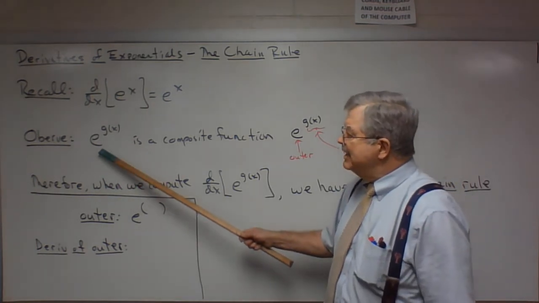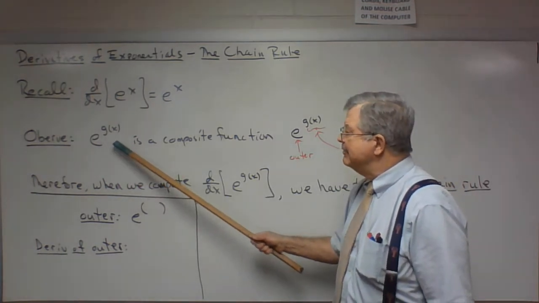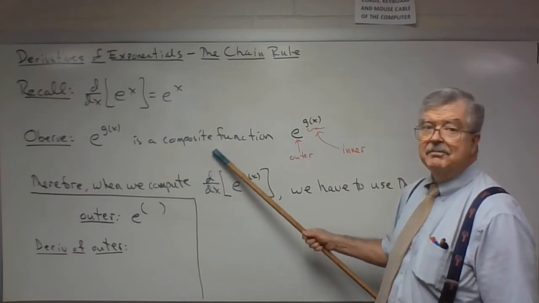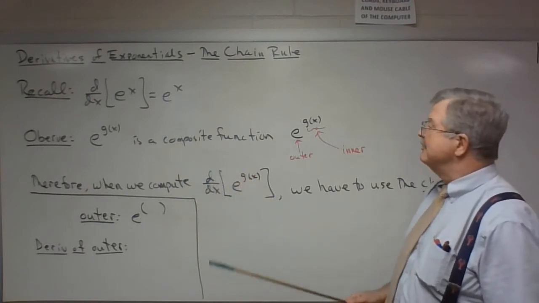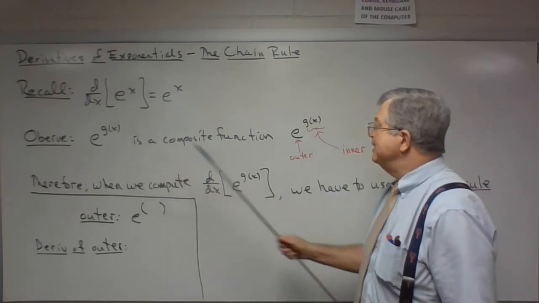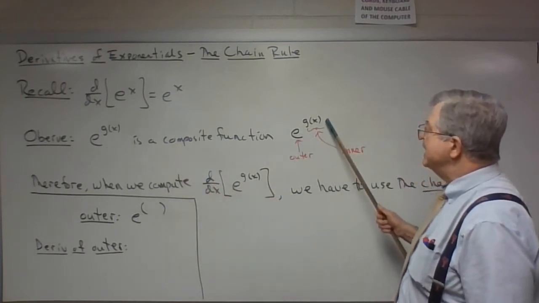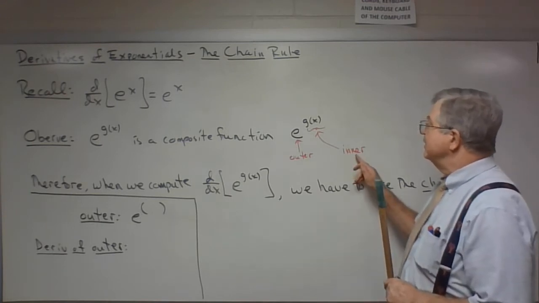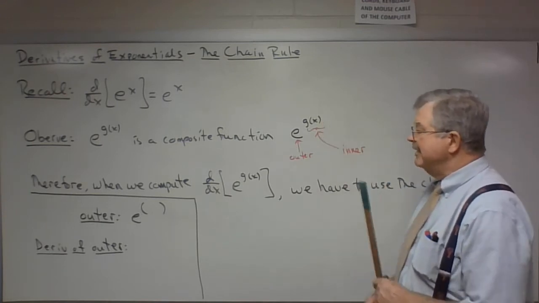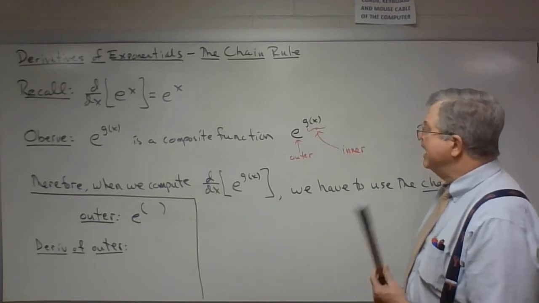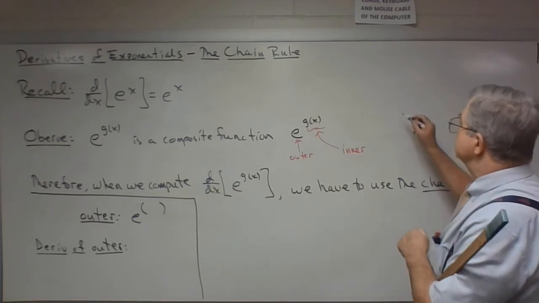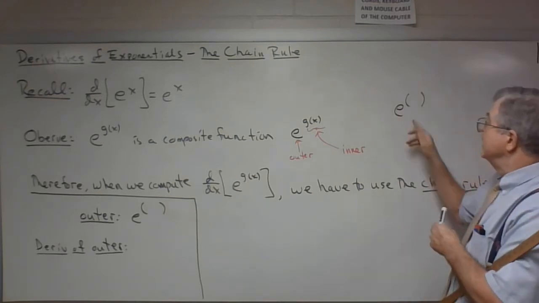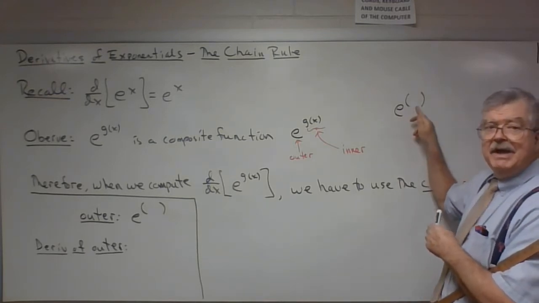If we have e raised to the power of a function, this is a composite function. This is the function e evaluated at a function g of x. g of x is the inner function, and the outer function is this, e evaluated at something.